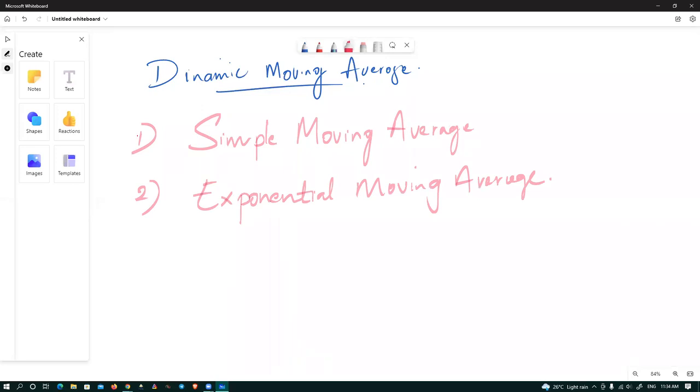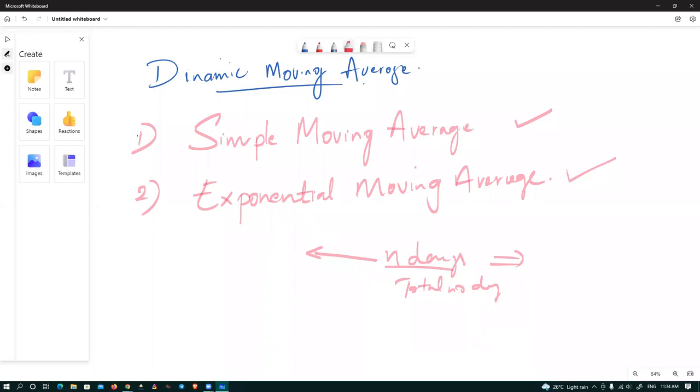Generally we use simple moving average and exponential moving average, based on the person who is doing the analysis and the comfortability of the analyst. So what is simple moving average? Simple moving average is nothing but the average of the previous n number of days, the sum of n number of days divided by the total number of days. This is simple moving average.